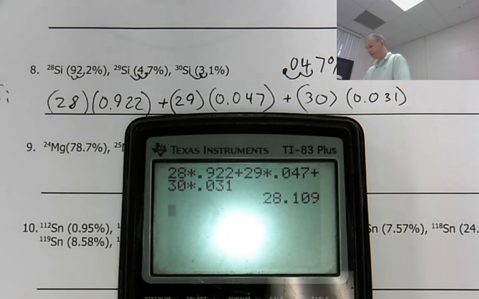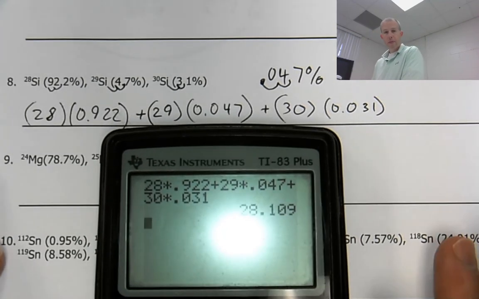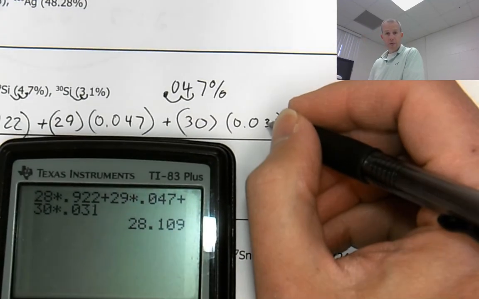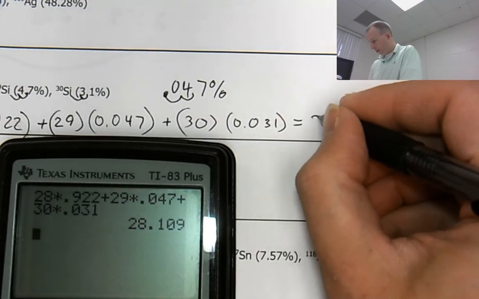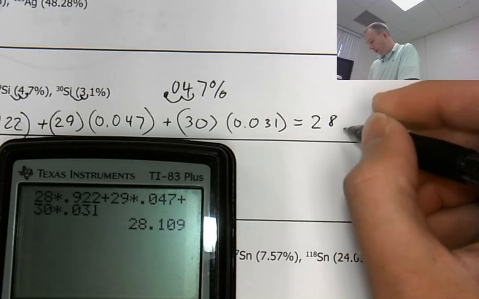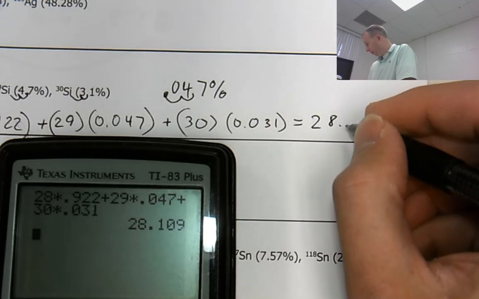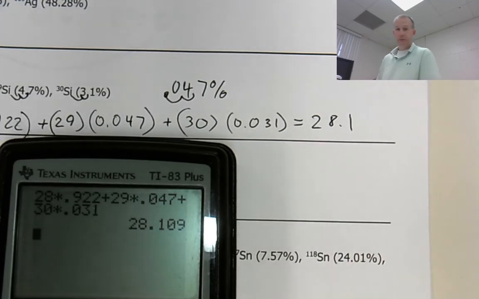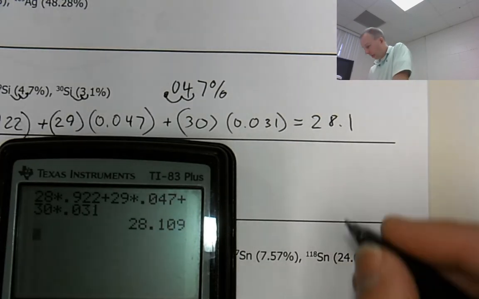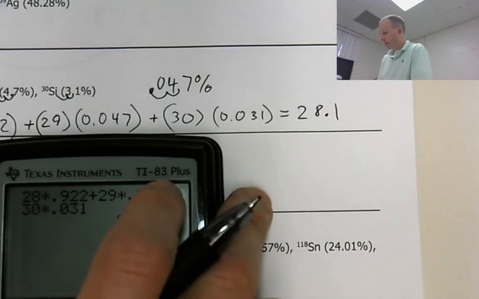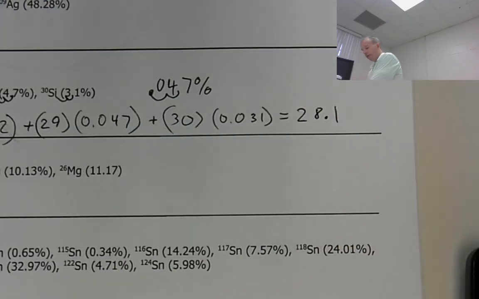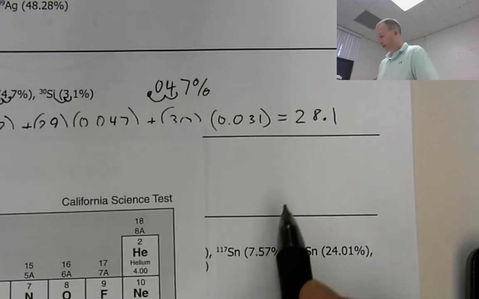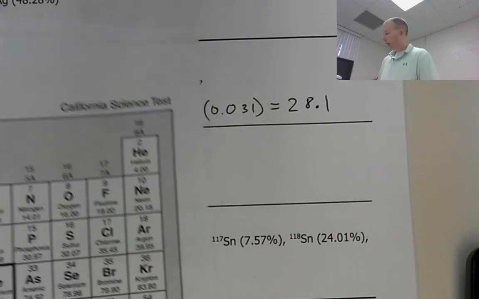You hit enter, and you get 28.109. So we can say just 28.1. Keep it simple. So again, you look and you see silicon's is 28.09, and 28.1, we're good.